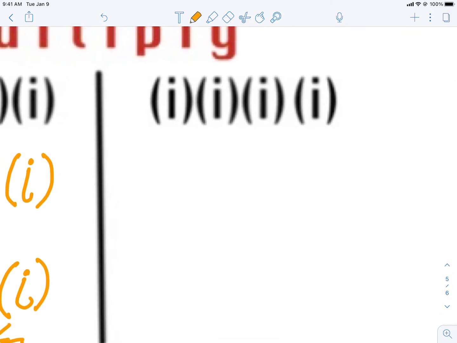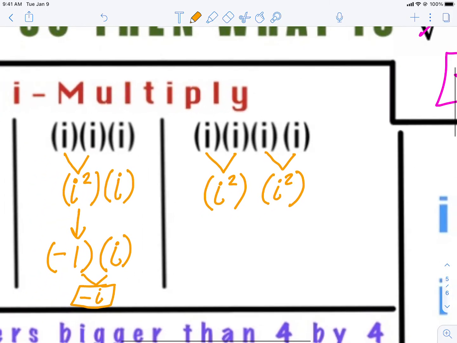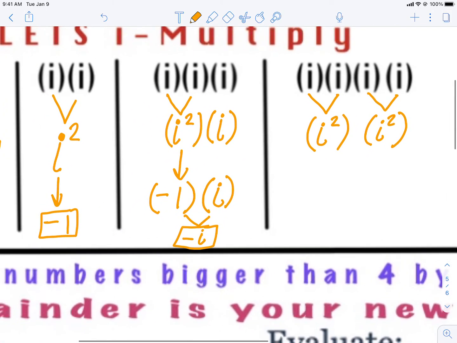So let's see what we have. 2 at a time, remember? I times I is I squared. Well, check it out. I have another 2 i's there, and that also gives me I squared. Well, I already know what I squared is. I to the power of 2 is -1.